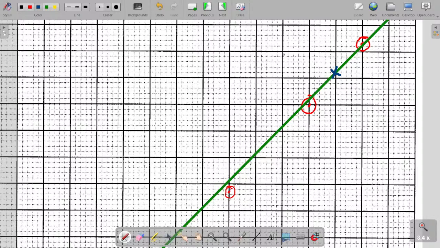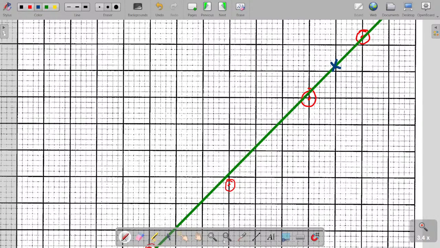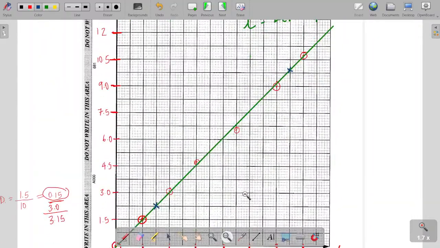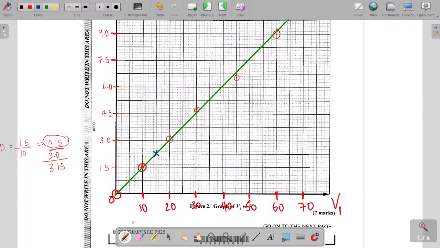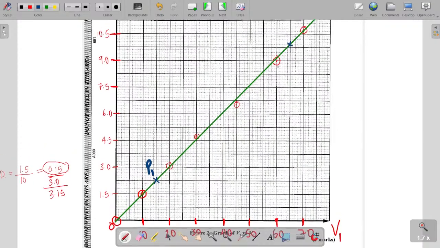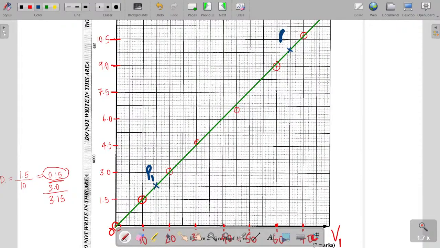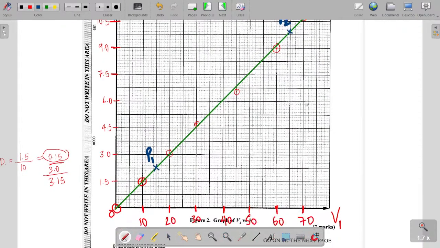Right, select that point right there, and then we zoom out, and now we're going to label our points. So this is going to be called P1, and I'm going to call this P2. In order to do our gradient, we need to find the coordinates of these 2 points.